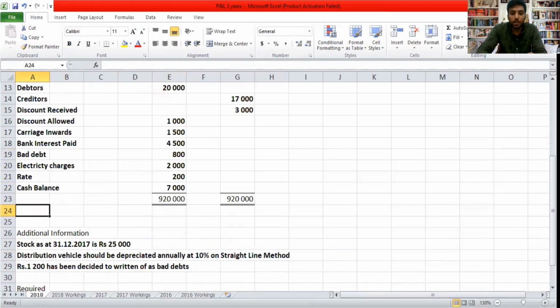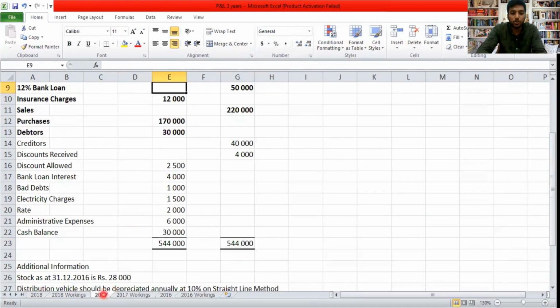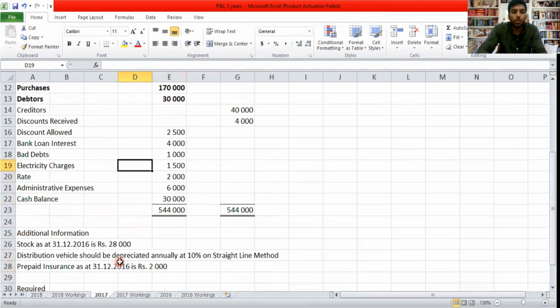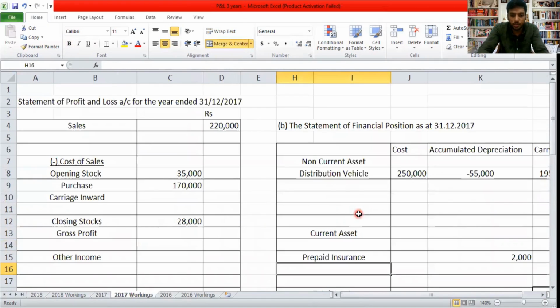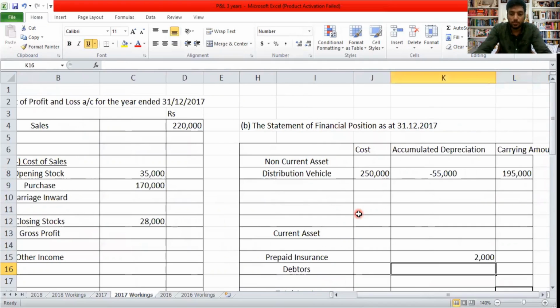Here they are not giving anything in the workings or the additional information, so you don't need to take this 1,000. You just need to represent this 1,000 under selling and distribution expense. Take directly the debtors 30,000. So you will record debtors 30,000. Okay, so I'm done with that also.